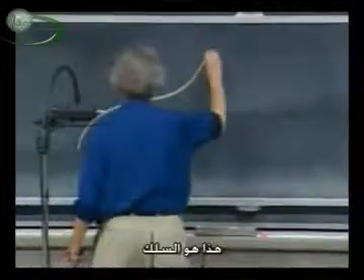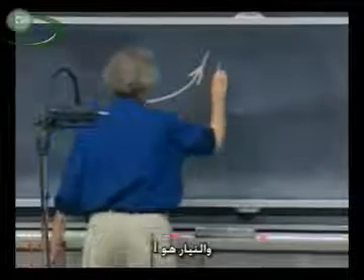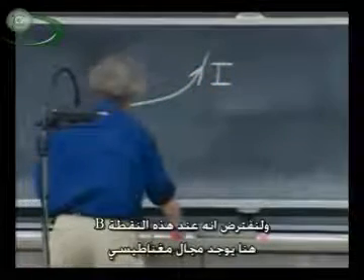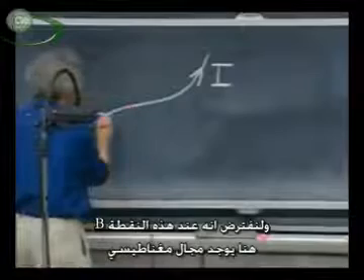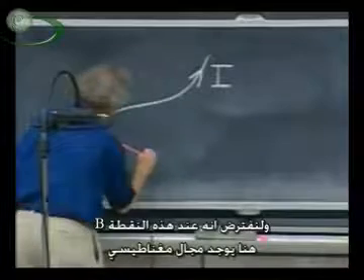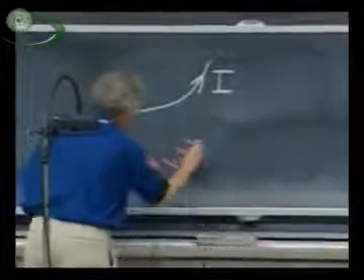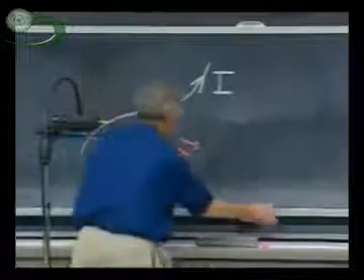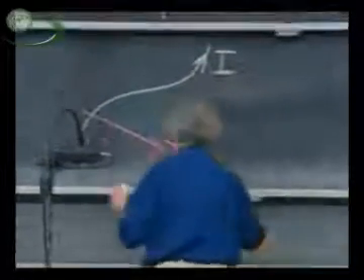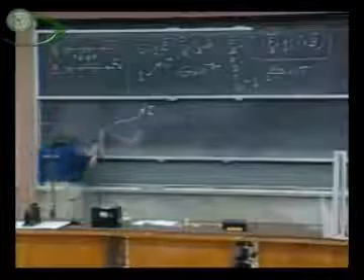Here's the wire, and the current is I. And let's say at this point here, we have a magnetic field, B. The magnetic field could be different along the wire, in principle.